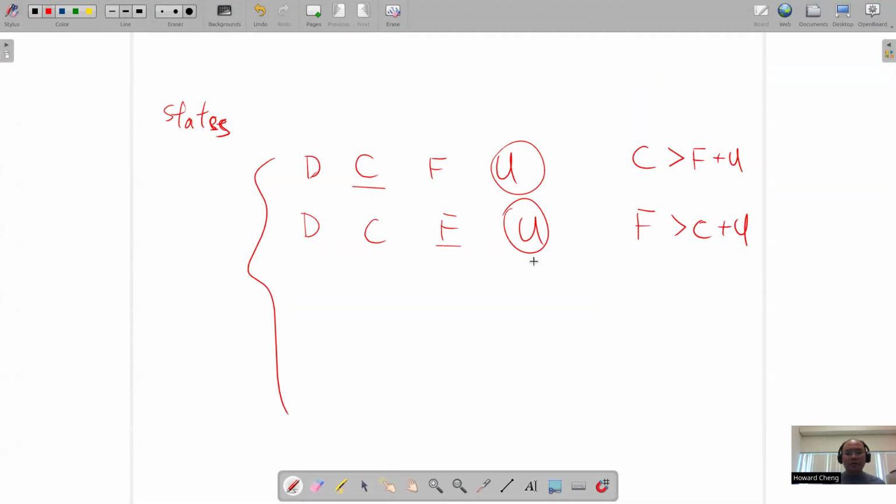So C wins no matter what you do in one case, and F wins no matter what you do in the other. But there are other cases where it's not one of those, and you might be able to convince some people to vote for you.